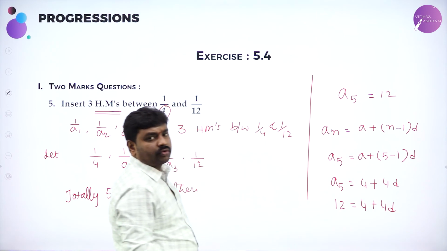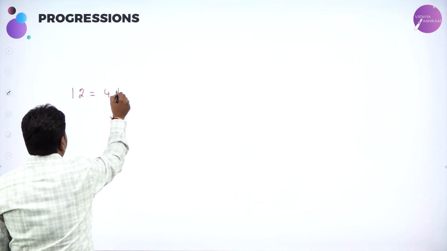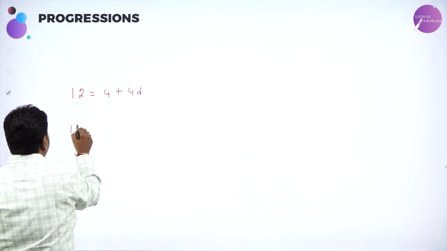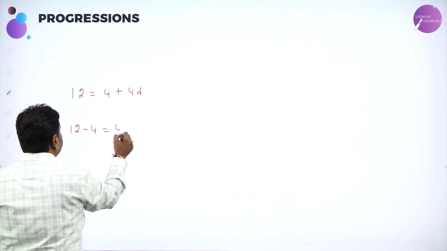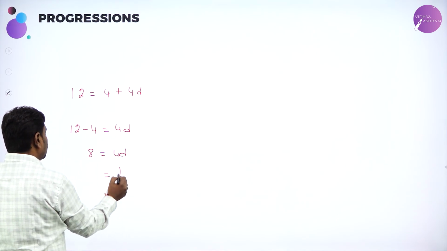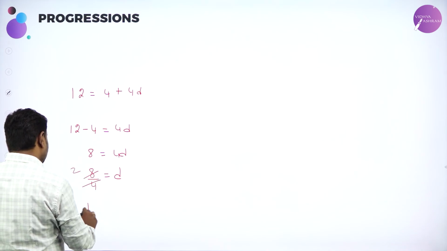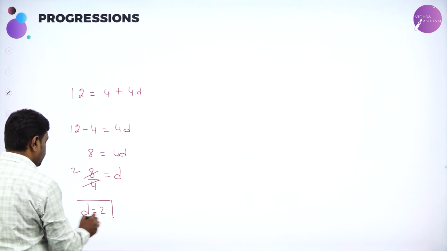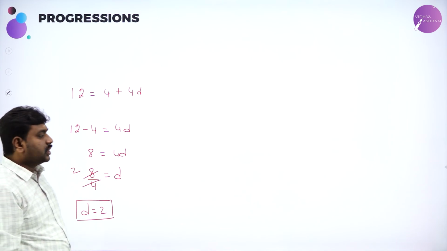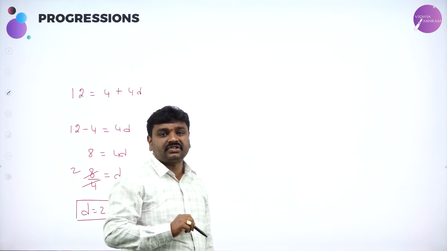Rearrange: 12 minus 4 is equal to 4d. 12 minus 4 is 8, so 8 is equal to 4d, and d is 8 by 4, so d is equal to 2. So you got the common difference value. What is the common difference? 2.